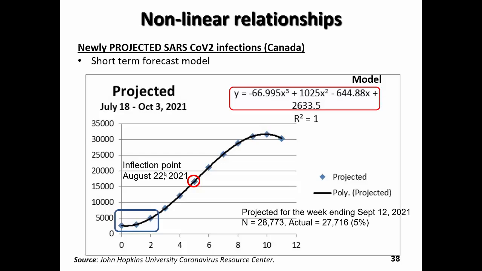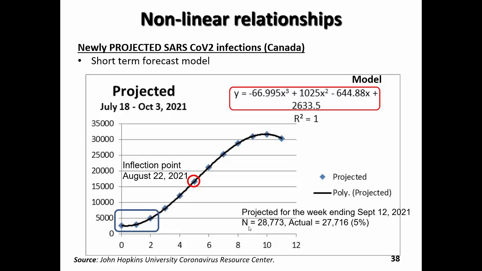So if we take a look at the quality of this nonlinear model, we see the projected number of cases for the week ending September 12th, which is 1 week after the observation on the previous slide. The actual number of cases for the week ending September 12th was 27,716. That's what was reported by Johns Hopkins.